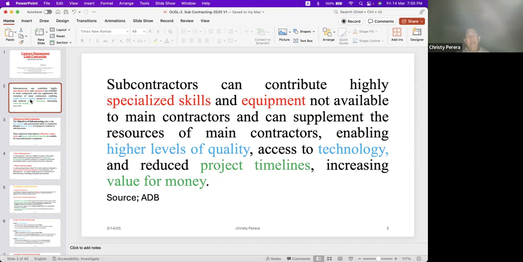Sometimes some contractors don't have the necessary skills for a contract, not 100%. In that case, contractors are not fully equipped.